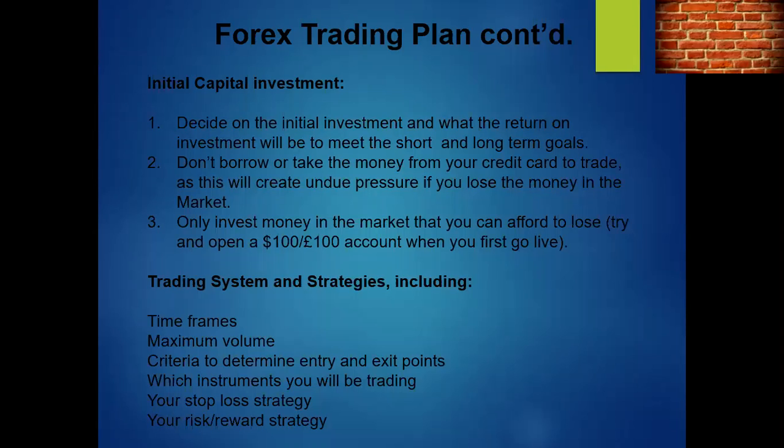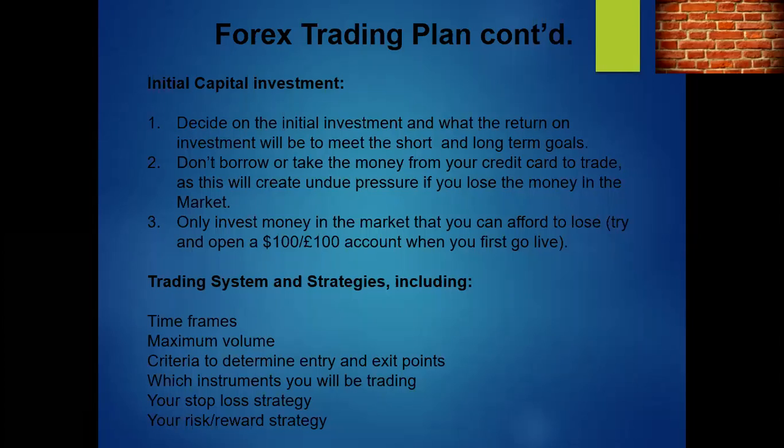Some delegates will say, okay, I'm going to invest 5,000 there, even though I'll only stick to trading 10 cents per point move. And that's not true. Because when you've got 5,000 in your account, there's a high likelihood that you will want to trade a minimum of $1 per pip move.